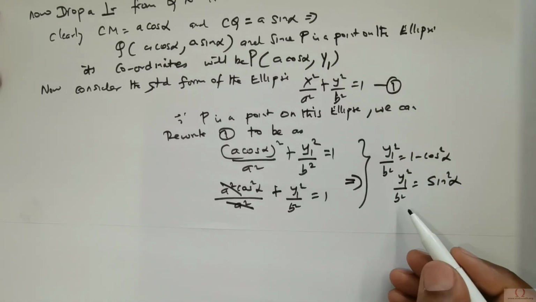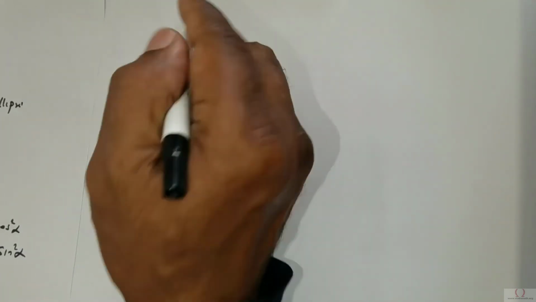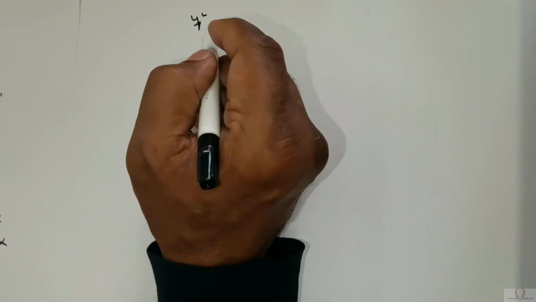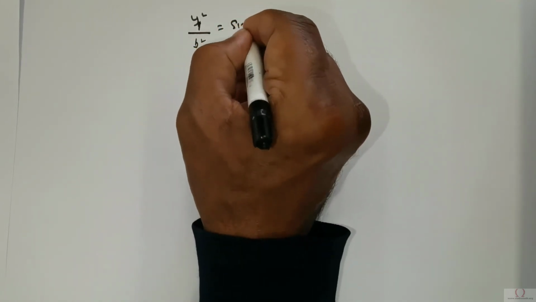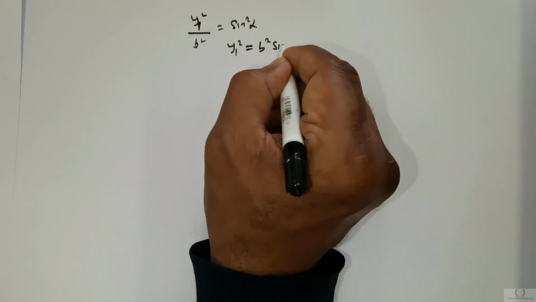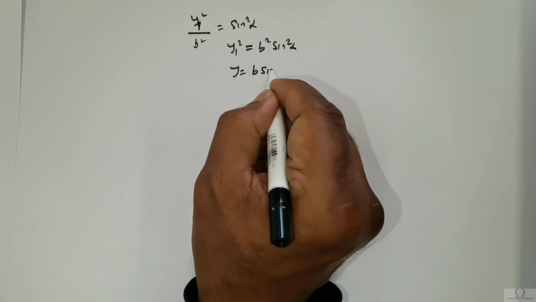So this is what we have got. Now I'm going to rewrite this. So y1 squared divided by b squared is equal to sine squared alpha. From here, y1 squared is equal to b squared times sine squared alpha. So from here, y is equal to b times sine alpha.